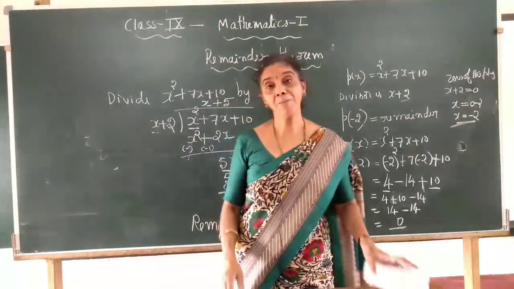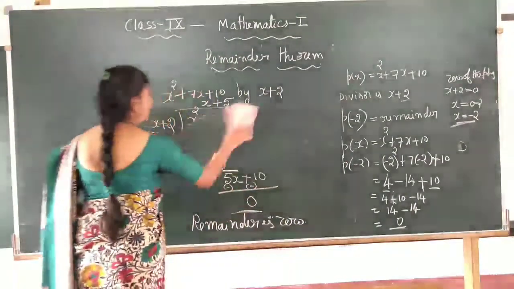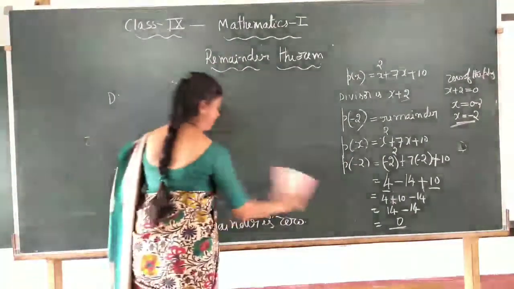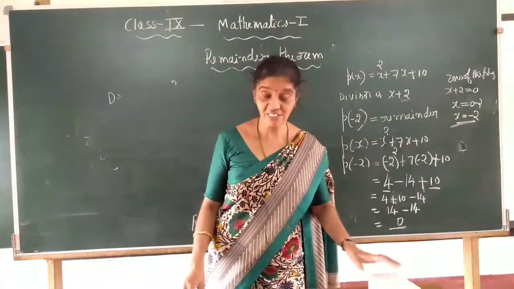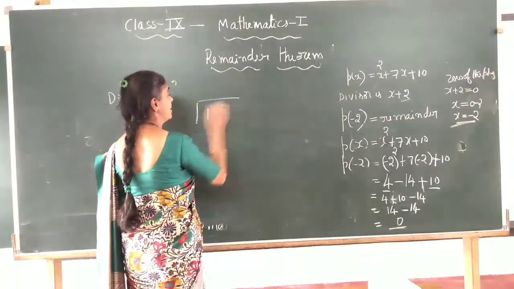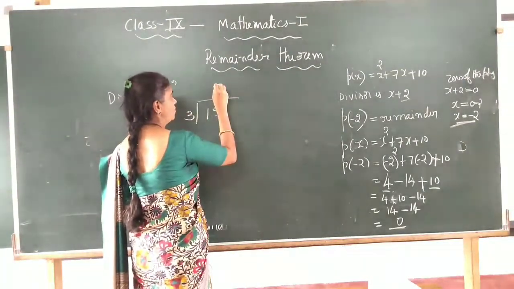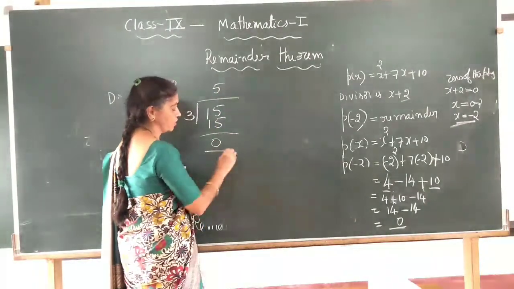When we divide completely, what do we call that divisor, children? Do you remember? It is a factor. The divisor now becomes a factor. Example, 15 divided by 3 is 5, 3 5s are 15, right? What is the remainder I got now? 0.